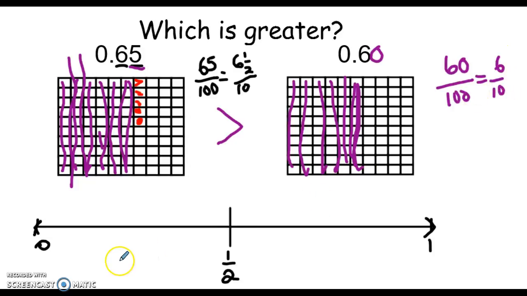Another way that we've practiced comparing and ordering decimals during decimal day has included our number line. Many of you have been breaking our number line up into 10 pieces. I'm going to do my best to do that right now. You can notice how I've marked a half.